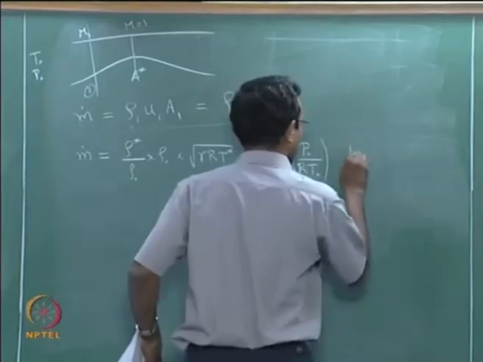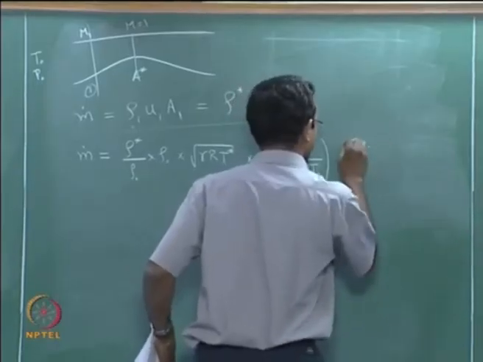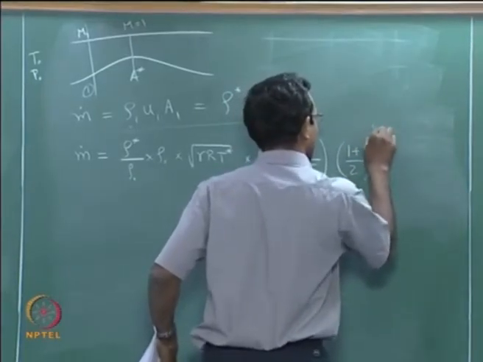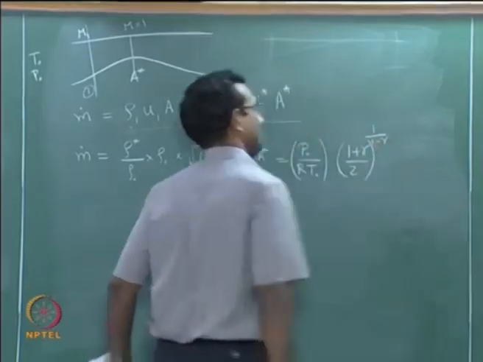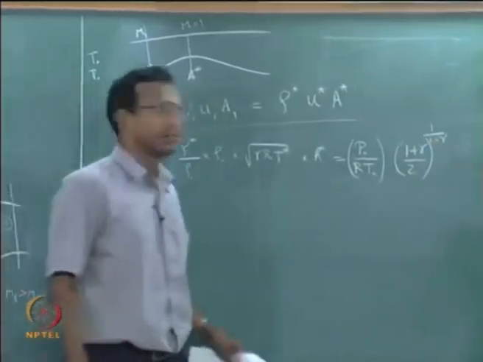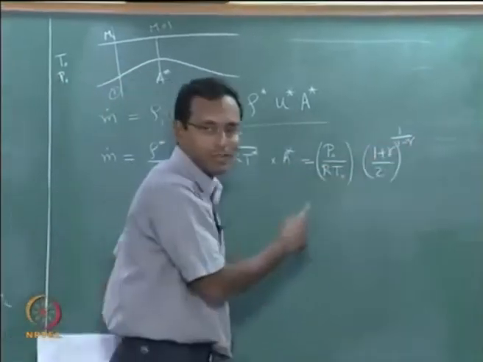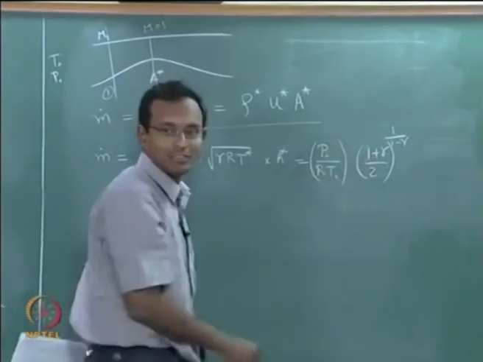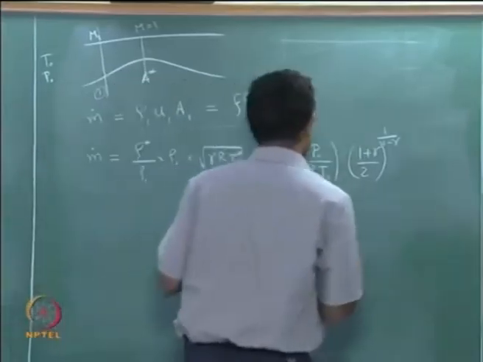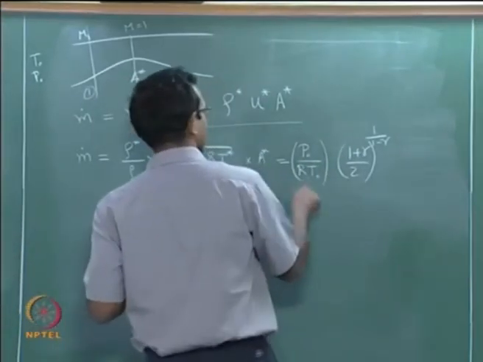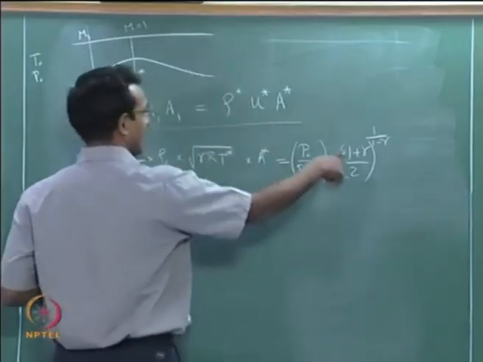For M equal to 1, it is just 1 plus gamma divided by 2 to the power 1 by 1 minus gamma. Okay. That is the function I have. Of course, I put 1 minus gamma here instead of 1 by gamma minus 1 because it has to be the reciprocal of that. I have already taken care of that. Okay. That is my rho naught multiplied by rho star by rho naught.